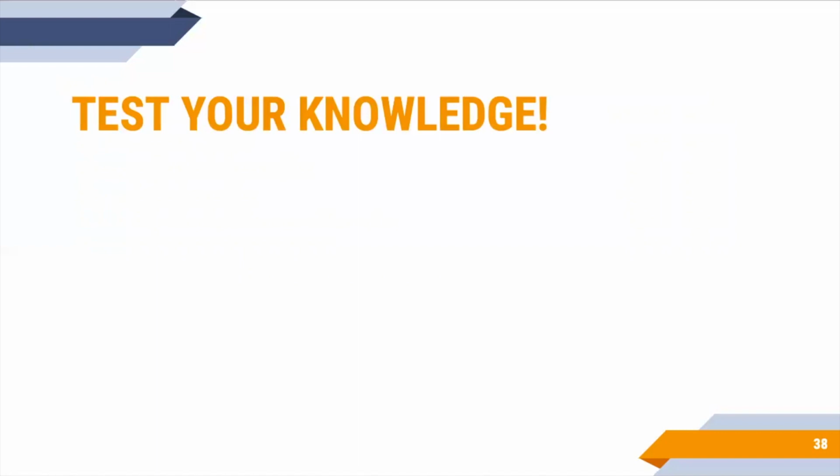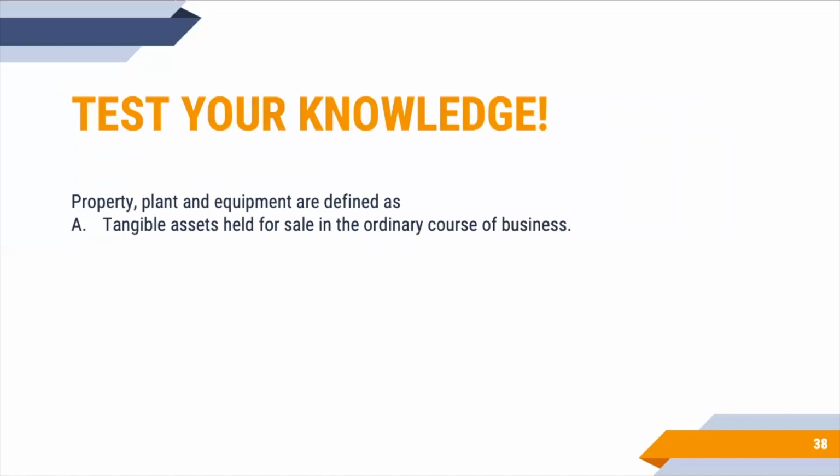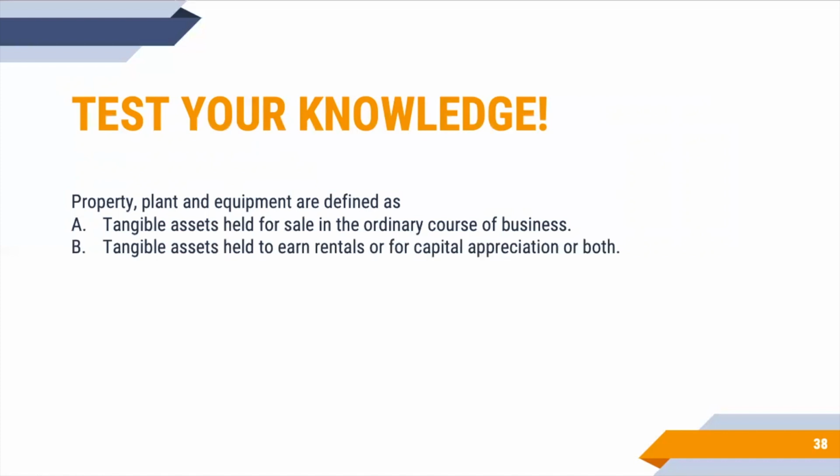Now, time mo naman to test your knowledge. The first question is, property, plant, and equipment are defined as A. Tangible assets held for sale in the ordinary course of business. B. Tangible assets held to earn rentals or for capital appreciation or both.